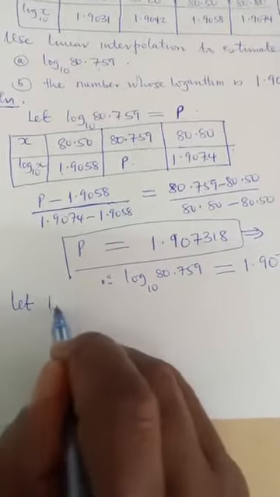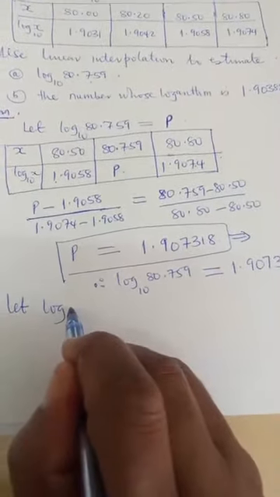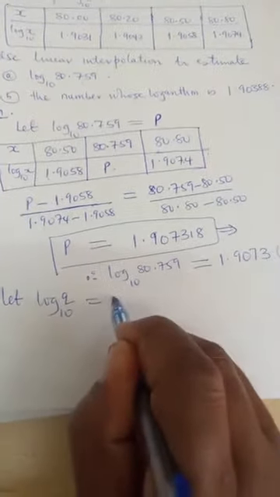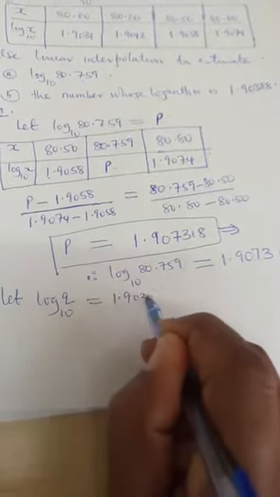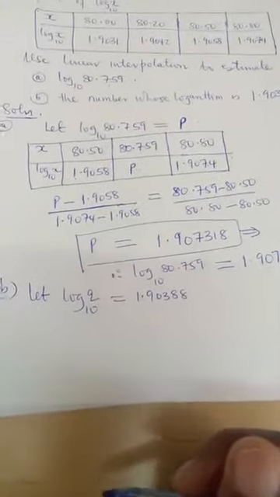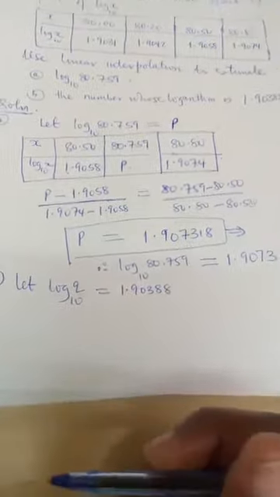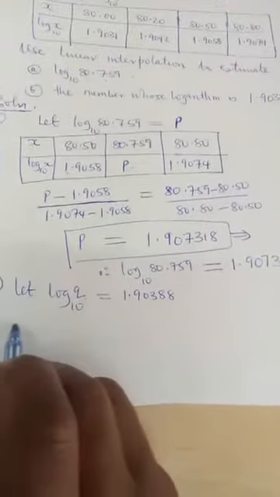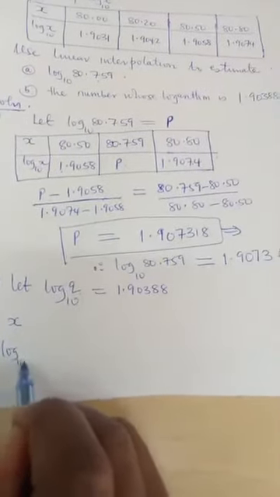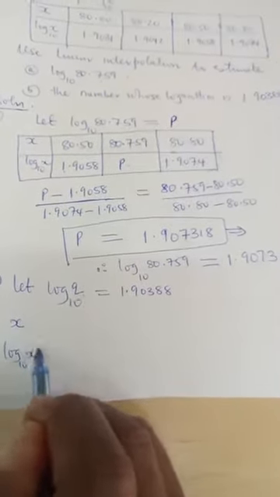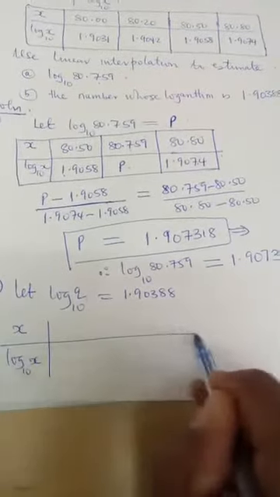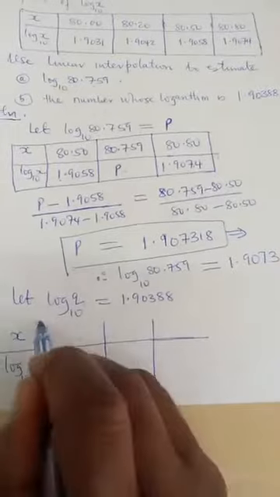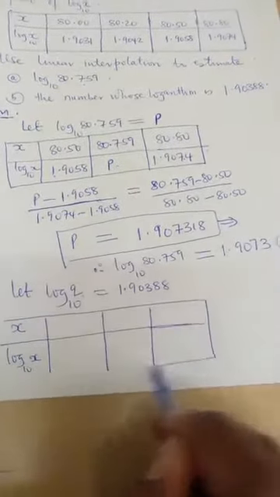We can let the log base 10 of Q be equal to that value. So we shall be looking for the value which I have already called Q. So if I have my X and my log base 10 of X as the question is, we have identified where this one is lying, and there are 3 values we need only.